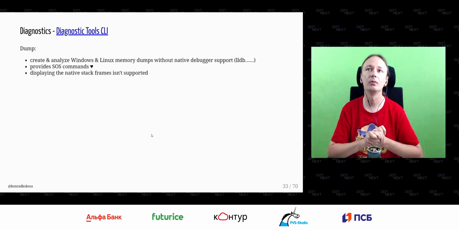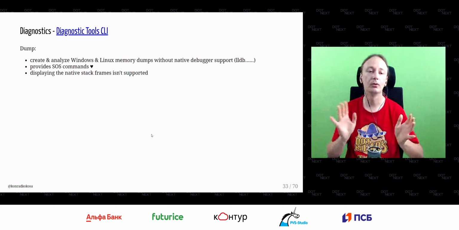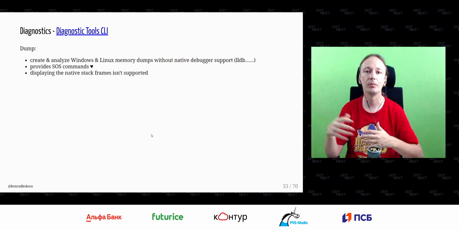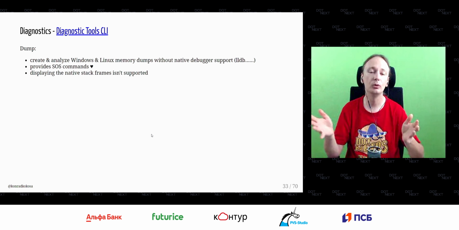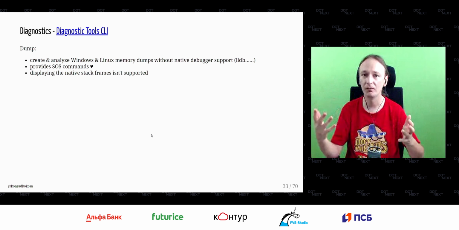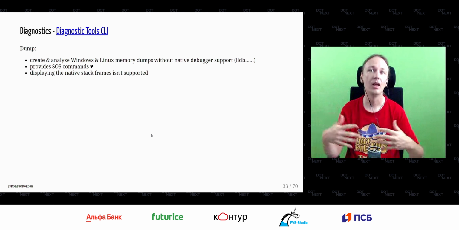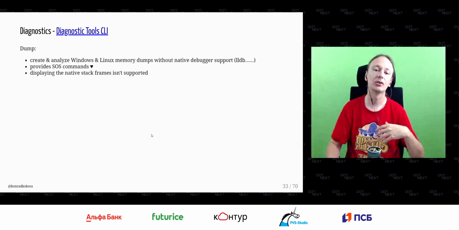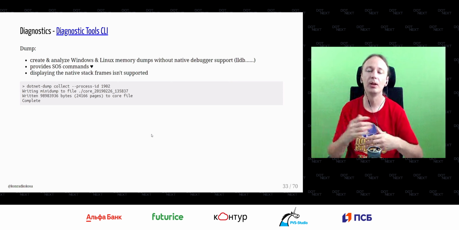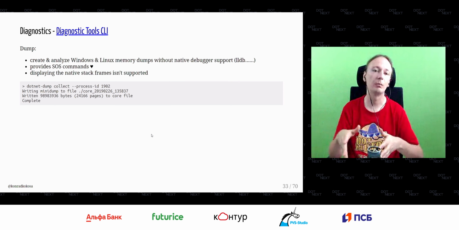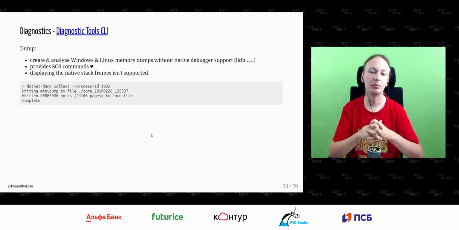Here also with the diagnostic tools we can make memory dumps, both on Windows and Linux. Full memory dumps could be done previously, but if you ever tried to do that and analyze a memory dump, especially on Linux, it was really painful. So now the diagnostic tools allow you to make a dump. We just say, okay, I want to dump the memory of a given .NET process.